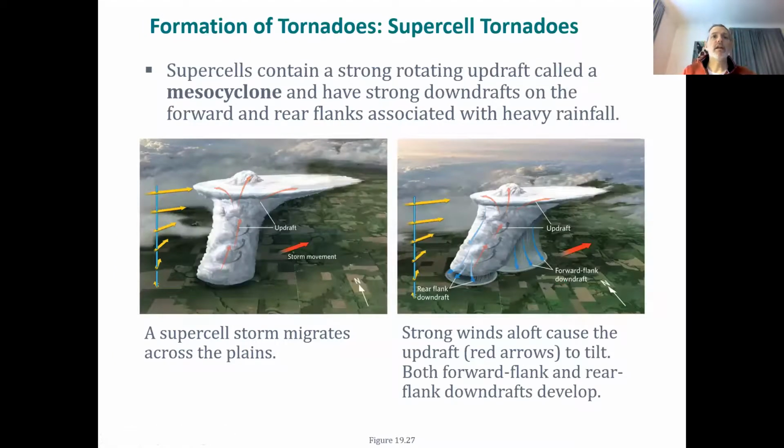When we start looking at the formation of a tornado, a lot of these are going to be occurring in mesocyclones, or middle-sized cyclones, associated, again, with rapid infilling of a low-pressure center, with upper air moving faster and in a different direction than the lower air.